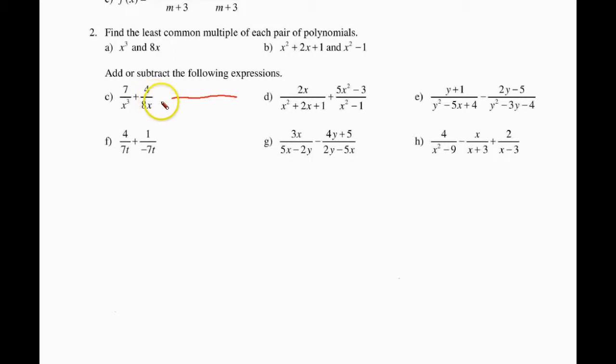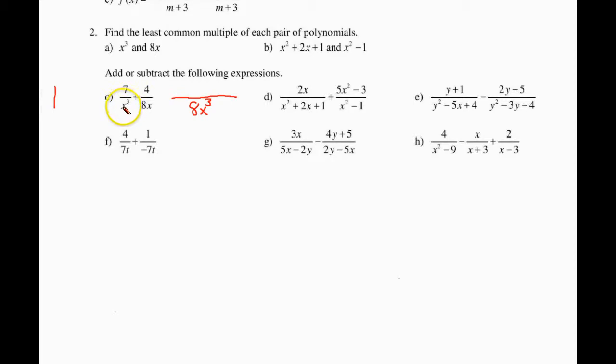I have room there, so I'll put it right there. So what's my common denominator here? We said it was 8x to the third. Now, what do I need to multiply this item by, which will be a 1, but what form will that 1 take?